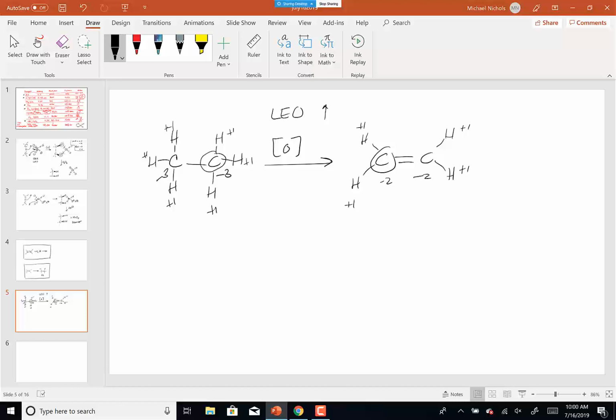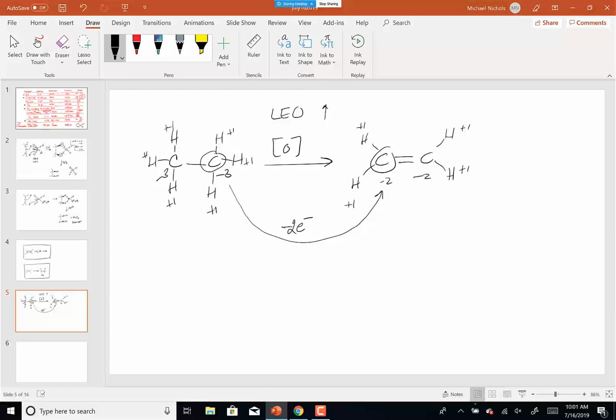Okay, so what happened to the oxidation number? Basically, what did I do? I lost an electron to go from -3 to -2, and I've got 2 carbons doing that, so basically I lost 2 electrons overall.